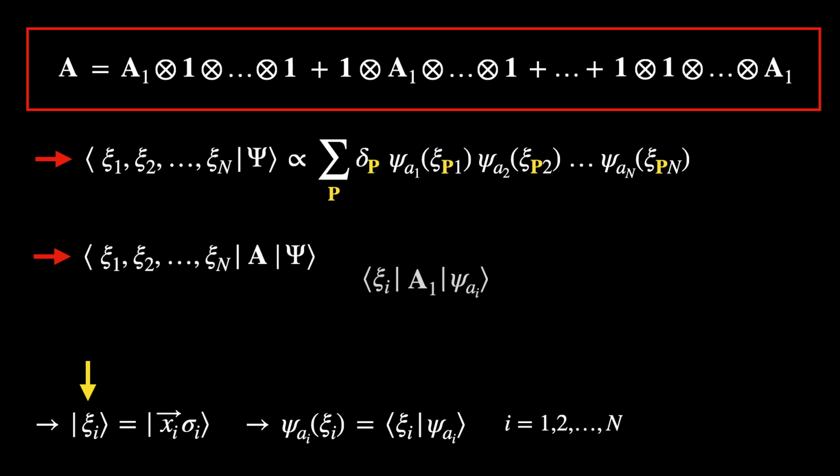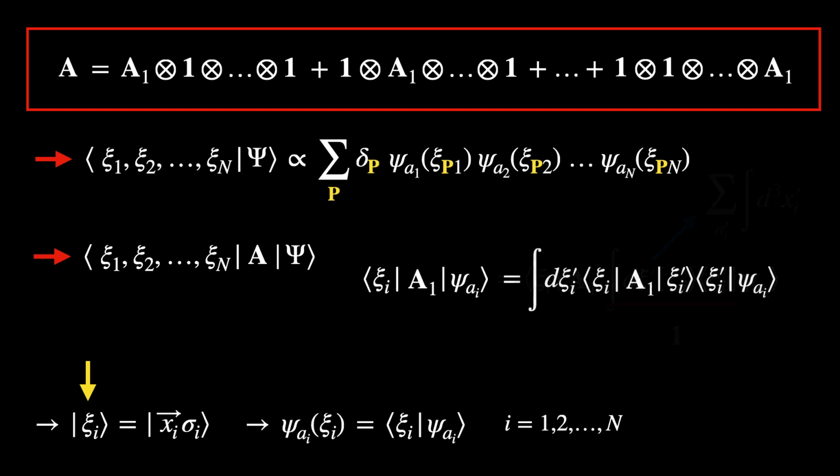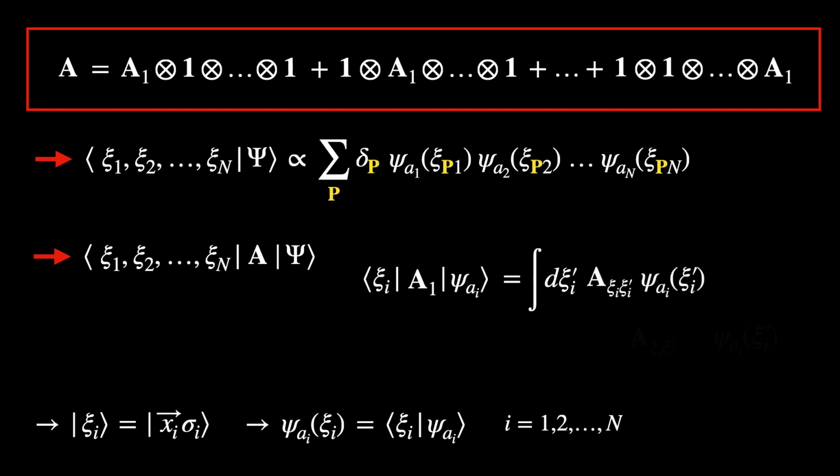For the single particle state, this is straightforward. Just insert the identity operator in the xi basis. The integral over xi actually contains both a sum and an integral. This term is the single particle wave function, while this term is the matrix representation of operator A in xi space. Thus we have the action of A on the single particle wave function.